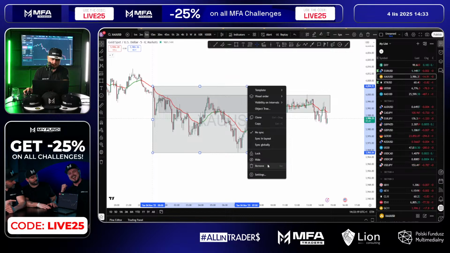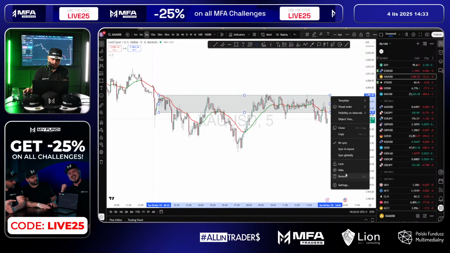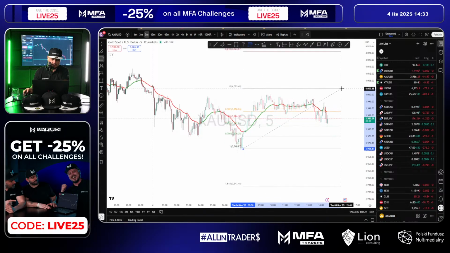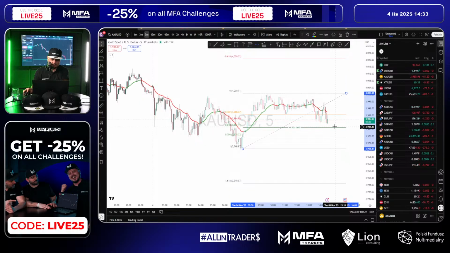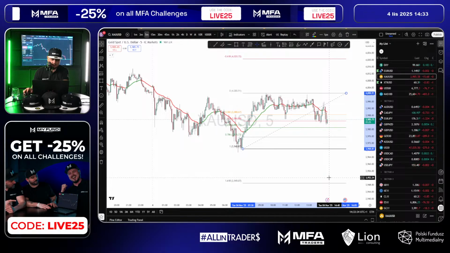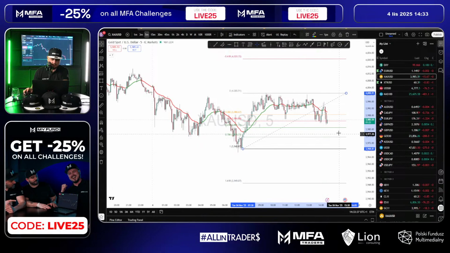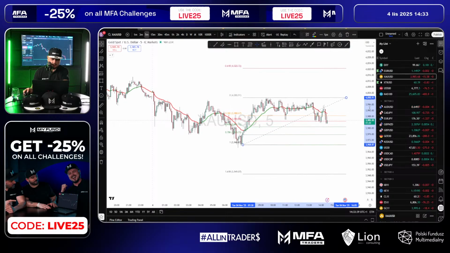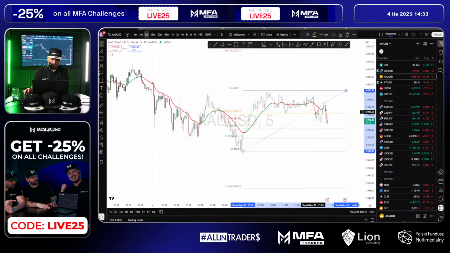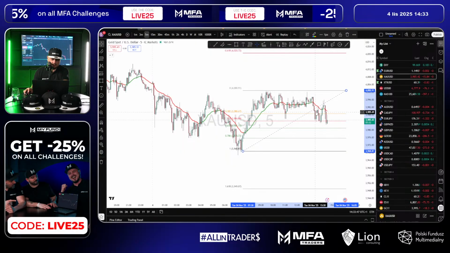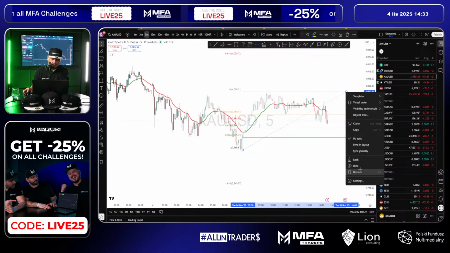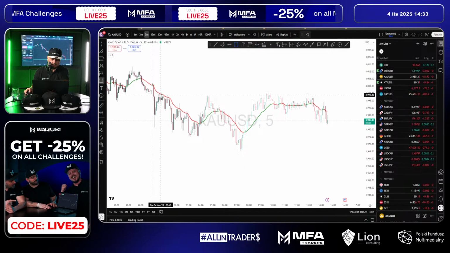Let me just check one more thing. If we look at this impulse right here, we get a correction. We are in the pullback zone, but I'm confused because of this range over here. And it might be tricky because of the news coming up. All right, let me check something.